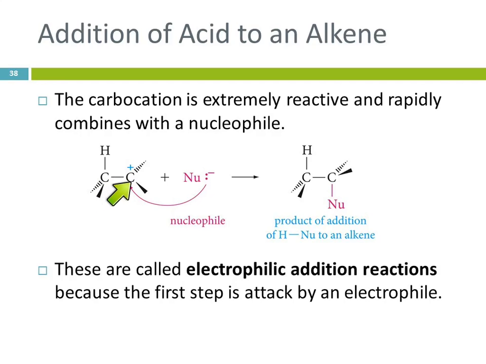The carbocation now has become an electrophile, and that will combine with the nucleophile to form a sigma bond. And so there we have the reaction of the addition of this hydrogen ion and this nucleophilic ion. And this is called an electrophilic addition reaction because the first step is attack by an electrophile.